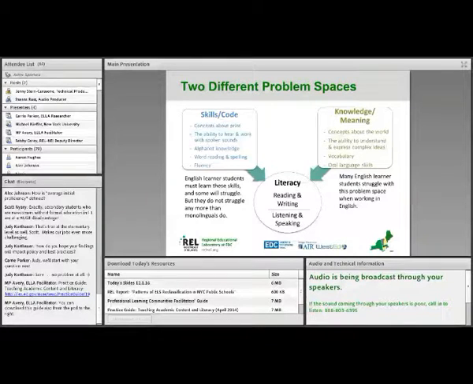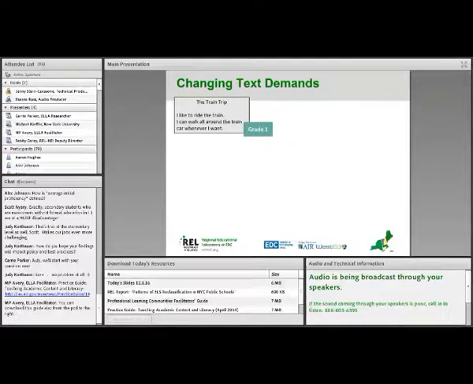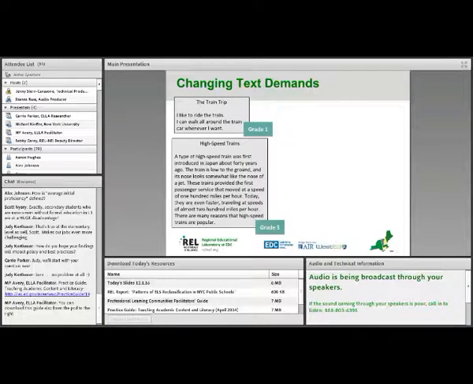On the other hand, many English learners will struggle with knowledge and meaning when they're working in English, at least. On average, many English learners have less sophisticated English vocabularies than native English speakers, and they may have fewer relevant pieces of background knowledge and experience to bring to bear on the reading challenge.